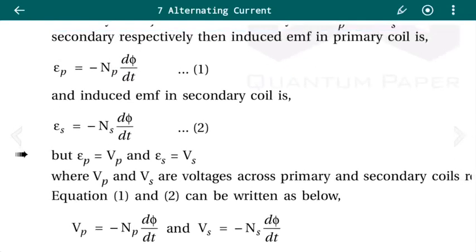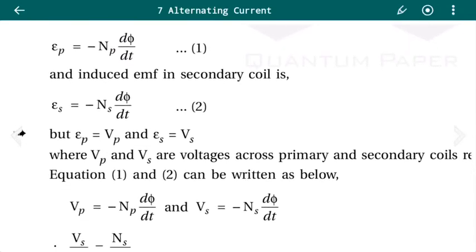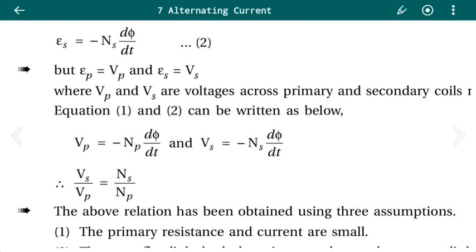So now equation 1 and equation 2 can be rewritten as Vp equals minus Np d phi by dt and Vs equals minus Ns d phi by dt.